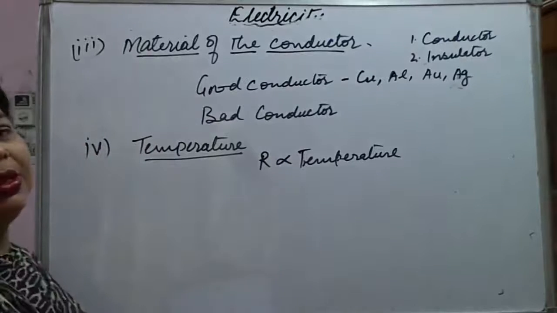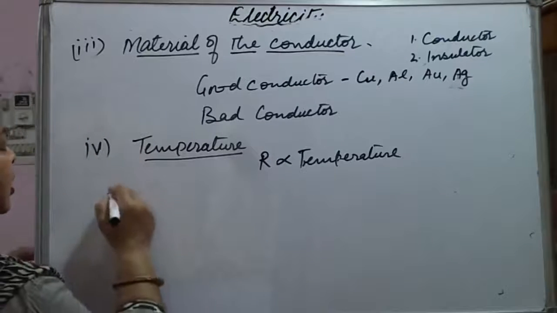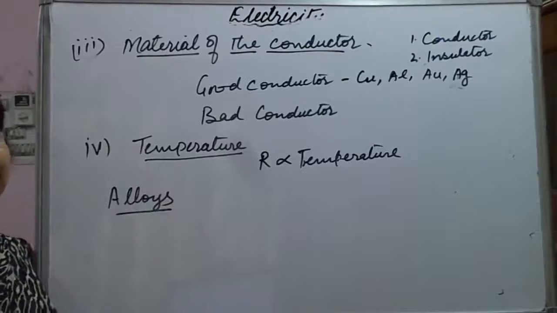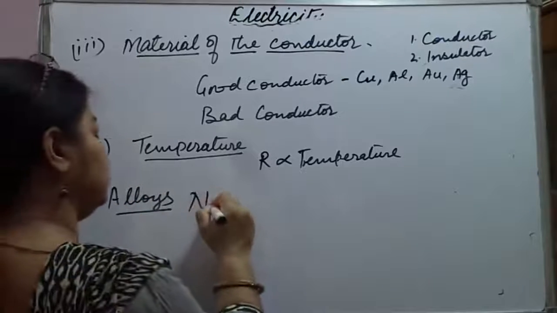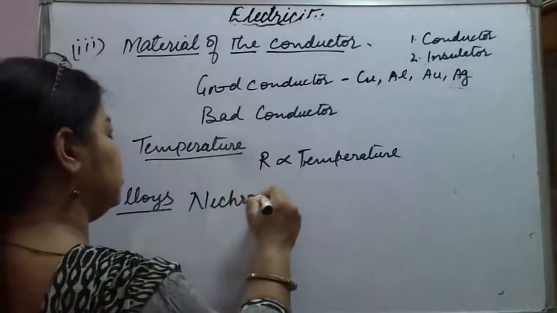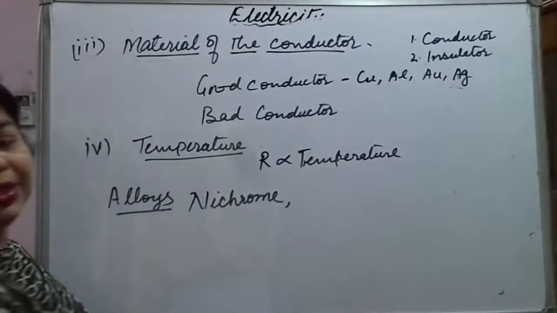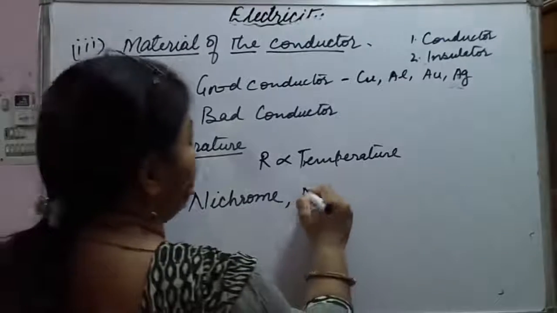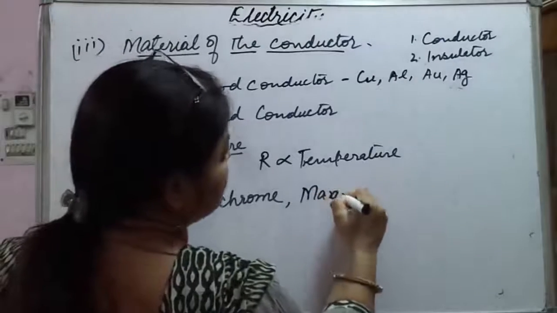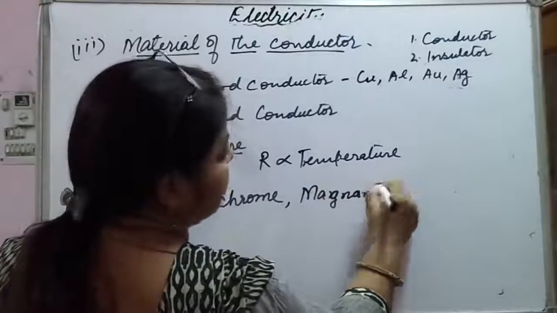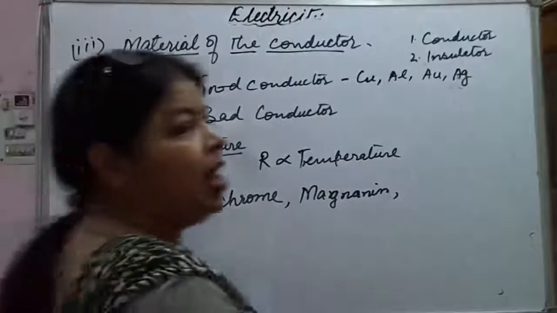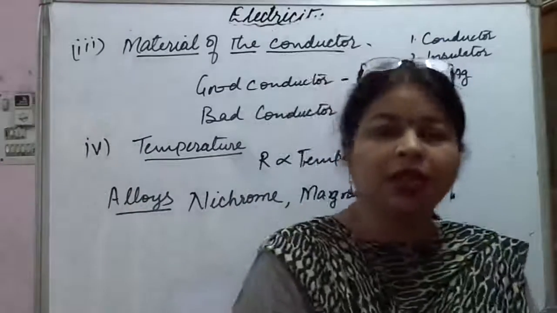But there are some substances, like alloys: nichrome, manganin (M-A-G-N-A-N-I-N), and constantan.